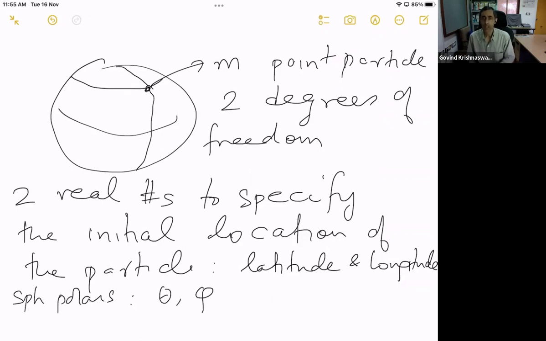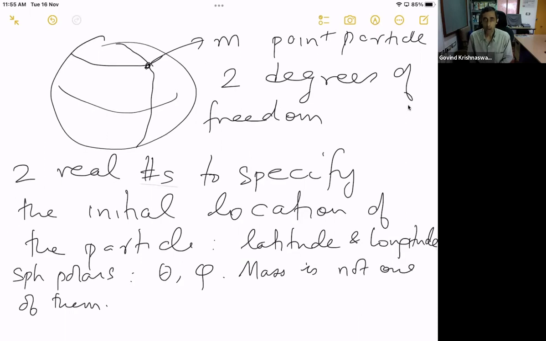Of course, these coordinate systems may break down or be non-unique specifications at some isolated locations, like the North Pole. But leaving that issue aside, you need two real numbers to specify the instantaneous location of the particle. Mass is not one of them. You don't need to specify the mass to locate the particle. The mass of the particle is specified for you.